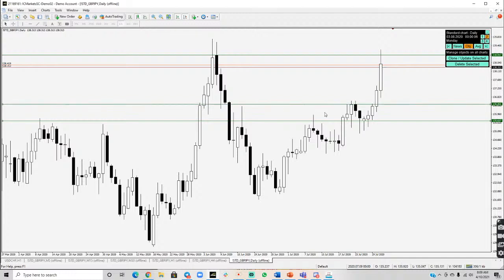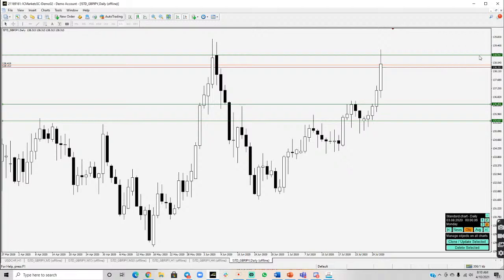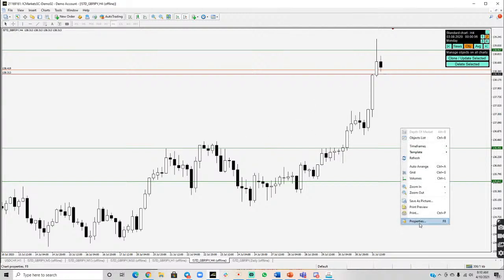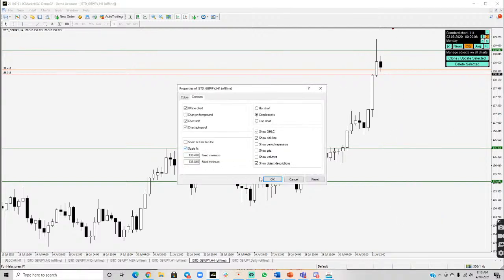What I'm going to do with these is move them over to the H4 time frame, because sometimes you're going to find that the daily support and resistance is in line with the H4 time frame as well. So that's very important.